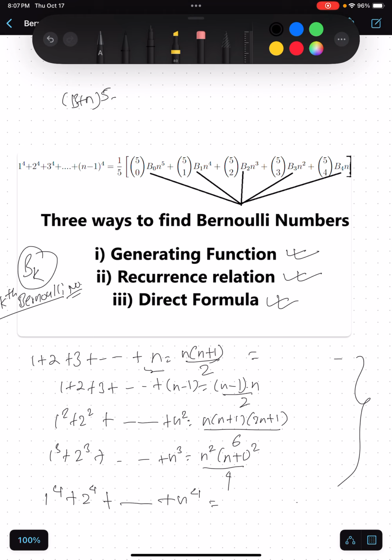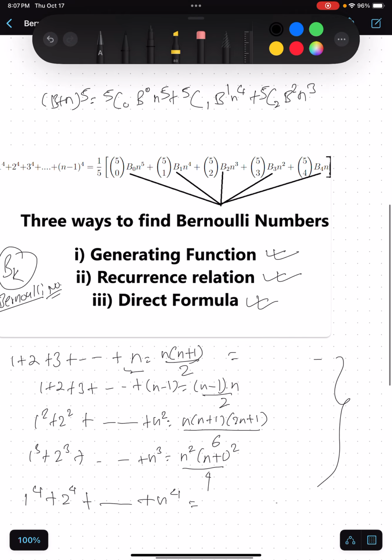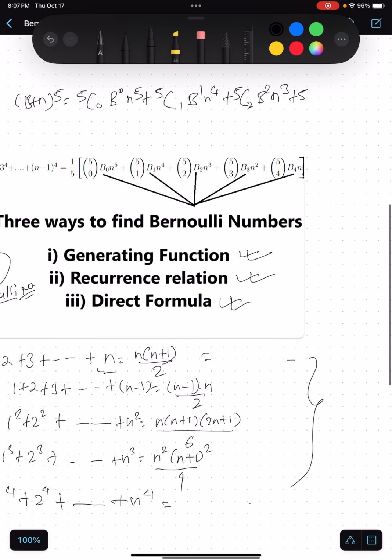Now this is exactly 5 choose 0, b to the power 0 n to the power 5, plus 5 choose 1, b to the power 1 n to the power 4, plus 5 choose 2, b to the power 2 n to the power 3, plus 5 choose 3, b cubed n squared, and so on.